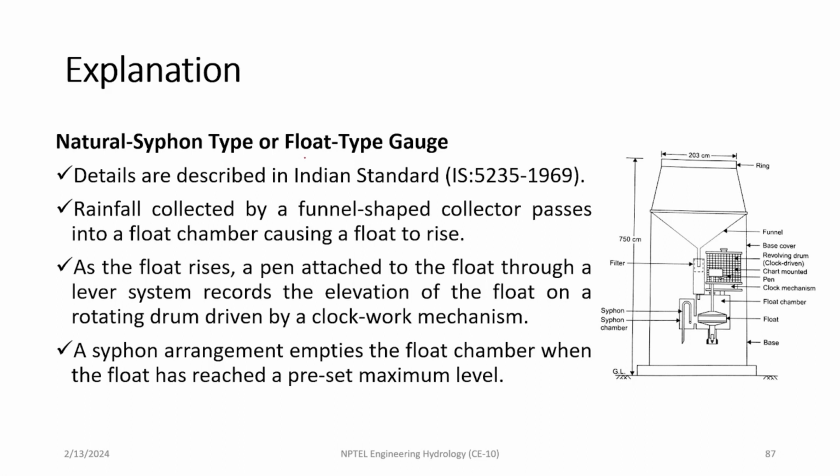Okay, so it is also called a float type rain gauge. So rainfall is collected by a funnel shaped collector. Okay, it is taking the entire rainfall from the funnel into a float chamber. Now Ashish, do you know the working principle of this, that how is it working?